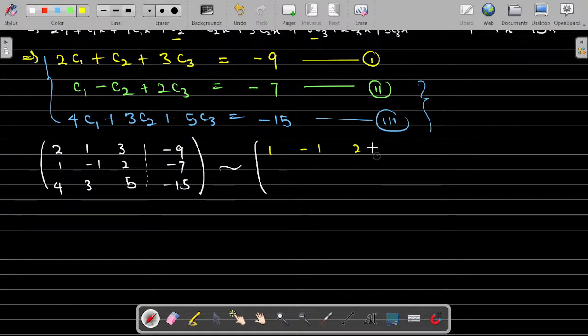And so still bring in your minus 9 here. So here you will now have 2, 1, 3, and then, sorry, this is not minus 9, this is minus 7. All right, so this is minus 7, this is where we have minus 9, and this one will be 4, 3, 5, and minus 15.